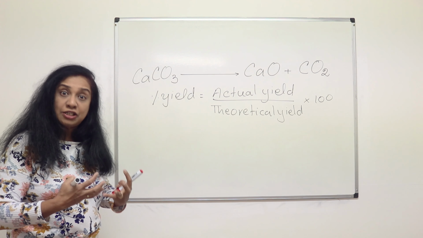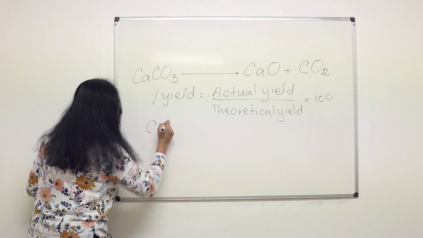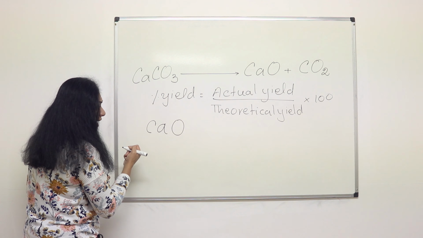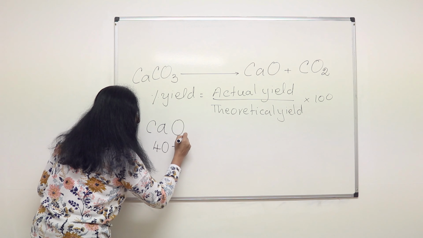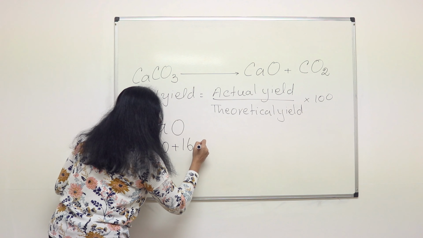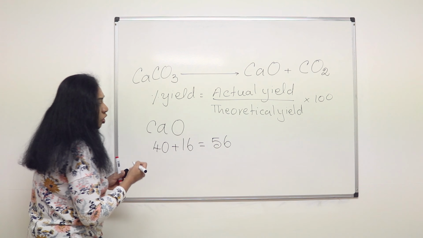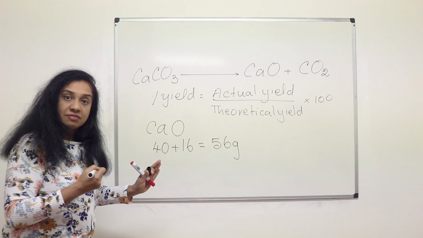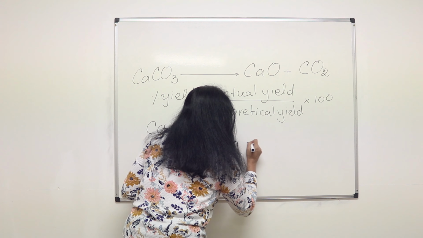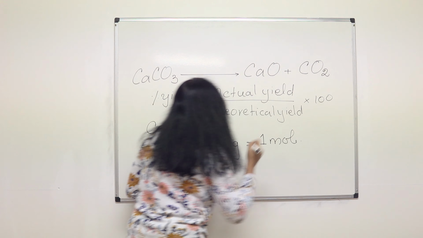So you calculate the mass of calcium oxide. Calcium is 40 and oxygen is 16, which gives us 56. So 56 grams of calcium oxide is equal to 1 mole.